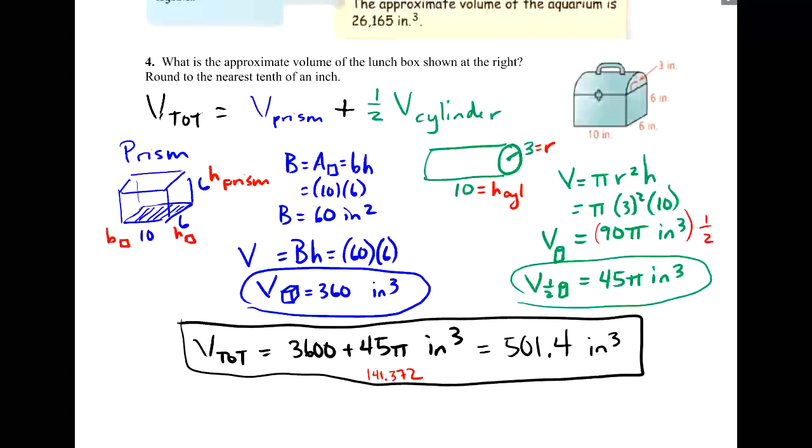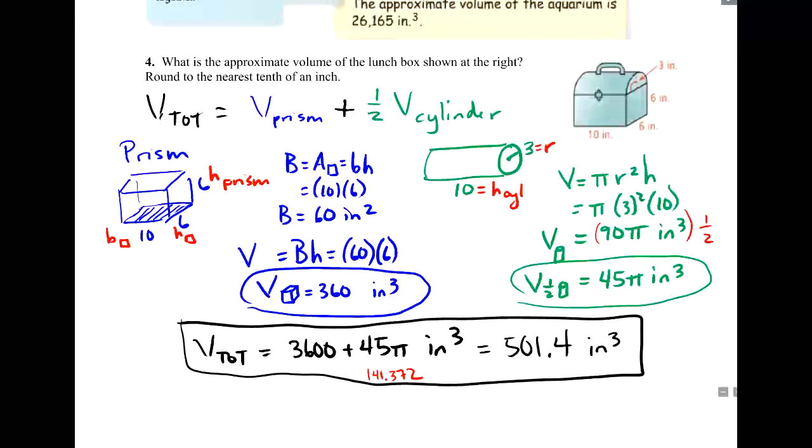All right, so we wanted to know the volume of our lunchbox. How much food can we fit in, and we want to round to the nearest 1/10 of an inch. So what I know is that this total volume is the volume of this rectangular prism down here on the bottom, and then I have a half cylinder up on the top. So I'm going to do my prism first, and I just did a quick little sketch here, identified my base, and labeled my measurements.